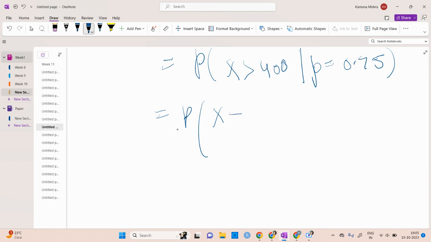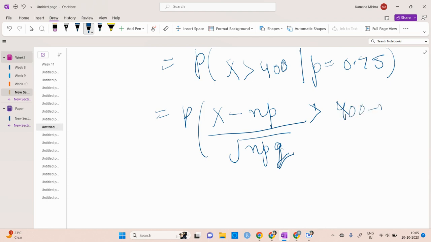So it will be probability of (x minus np) divided by under root npq, greater than or equal to (400 minus np) divided by under root npq, right?